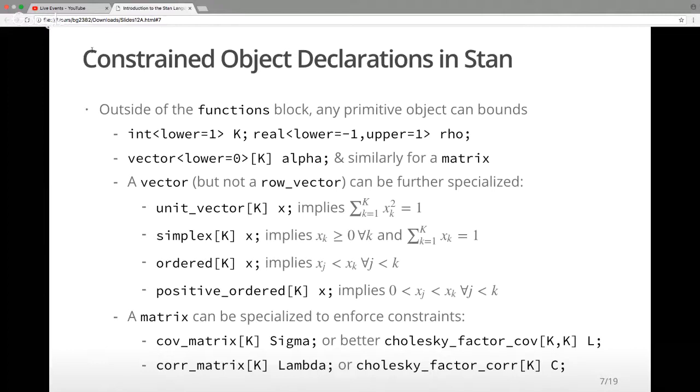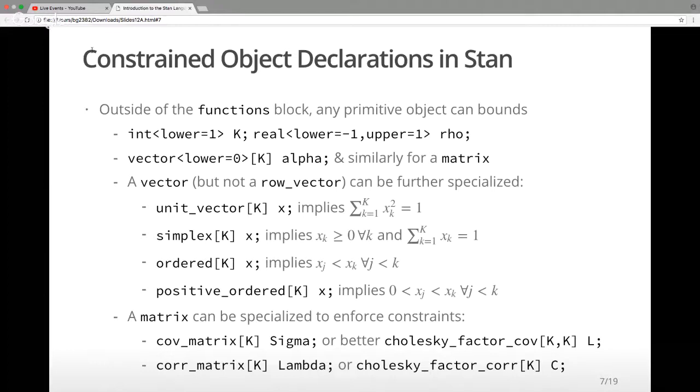Real numbers, or anything, can have both lower bounds and upper bounds. In the case of both real numbers and integers, the bounds are inclusive, like square bracket bounds. So 1 is legal, and -1 is legal if you're specifying the bounds.